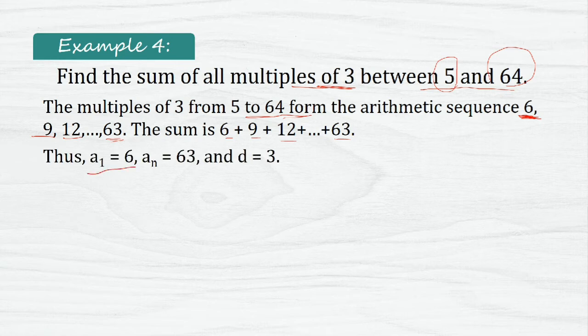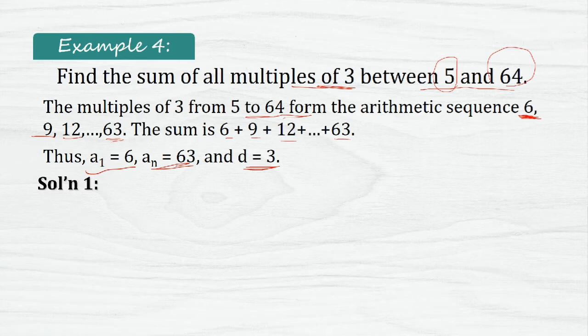So, meron tayong first term which is 6, meron tayong last term which is 63, and meron tayong common difference which is 3. But we don't know yet kung pang ilan ba si 63 or ilang terms lahat. So, therefore, first na gagawin is to solve for the value of n.